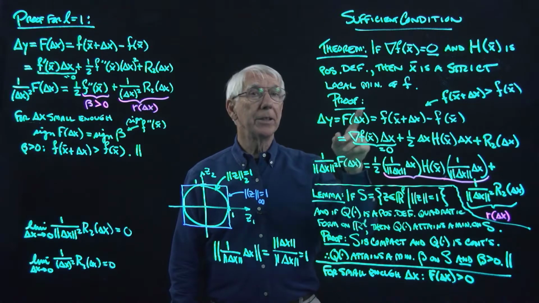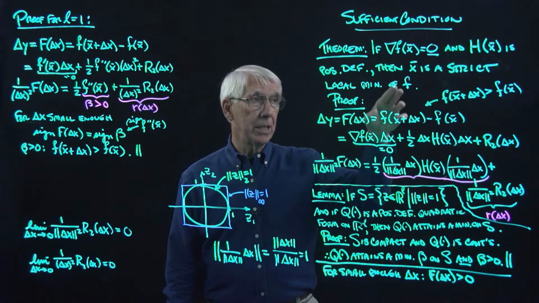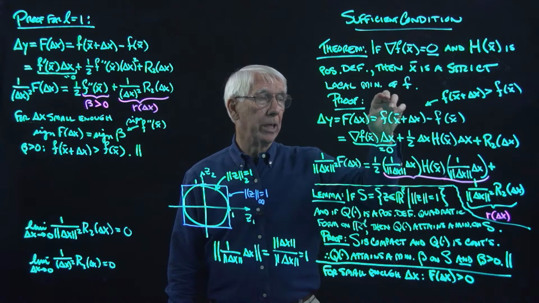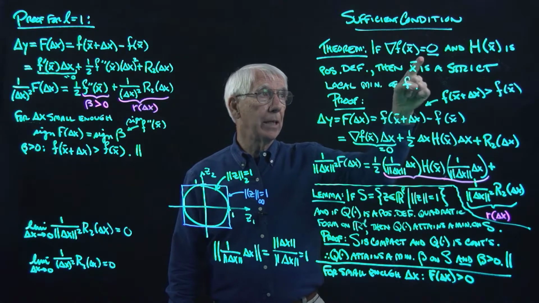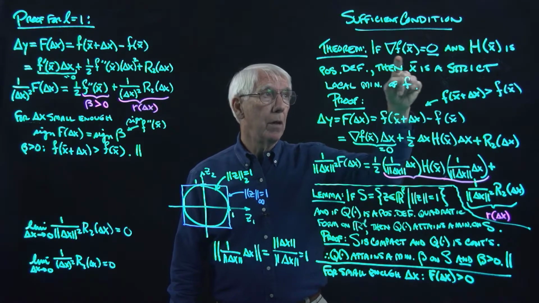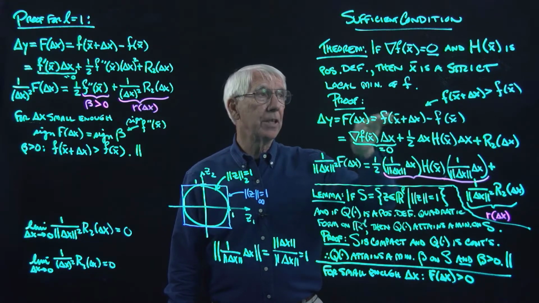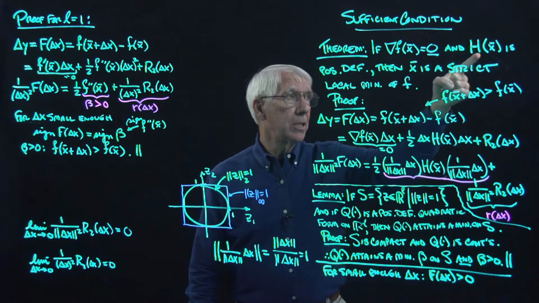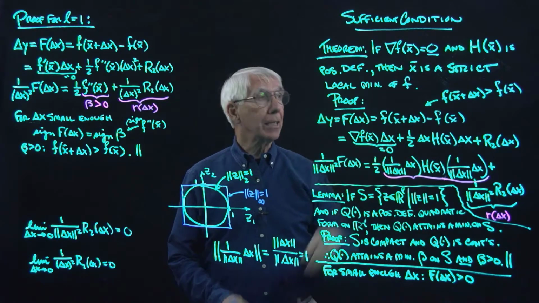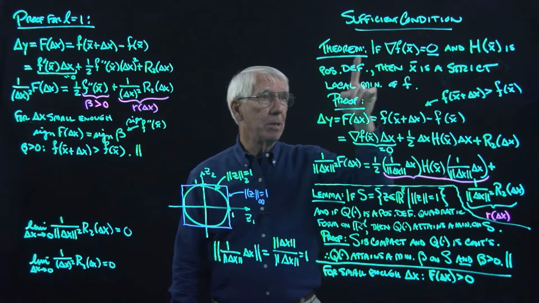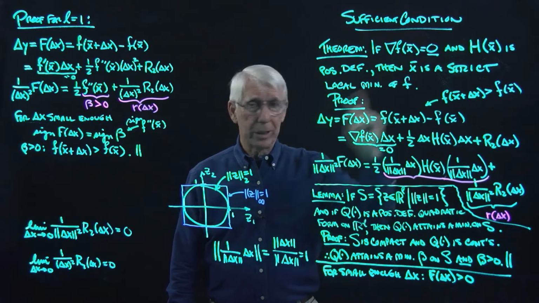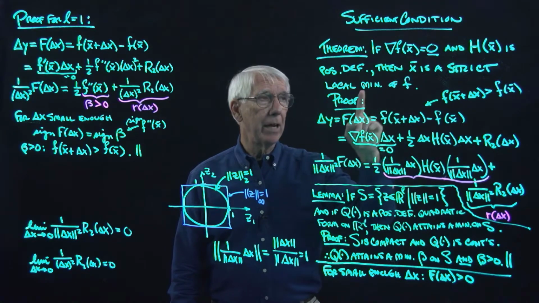The first order condition is that the derivative is zero, the gradient is the zero vector, and then the second order condition is that the matrix of second partial derivatives has to be positive definite for strict local minimum, negative definite for strict local maximum.